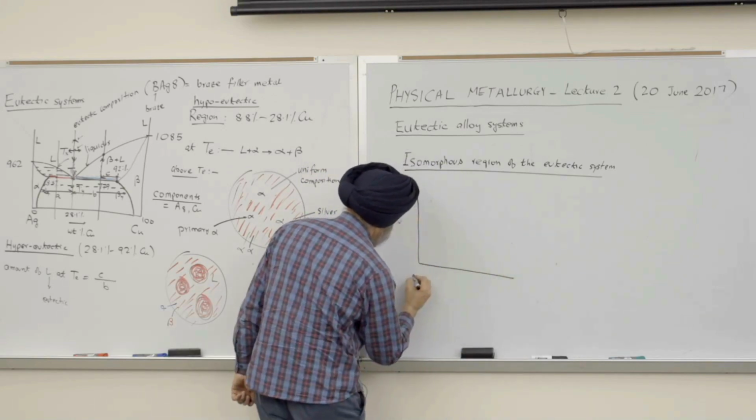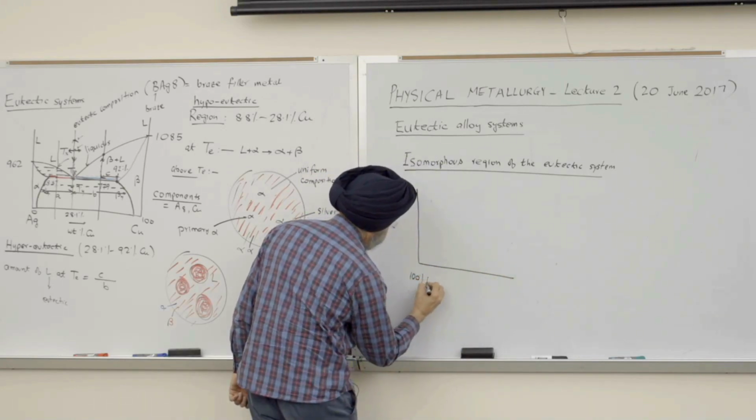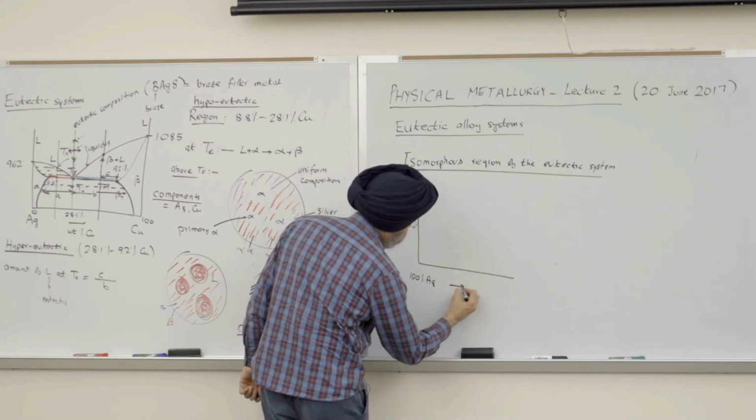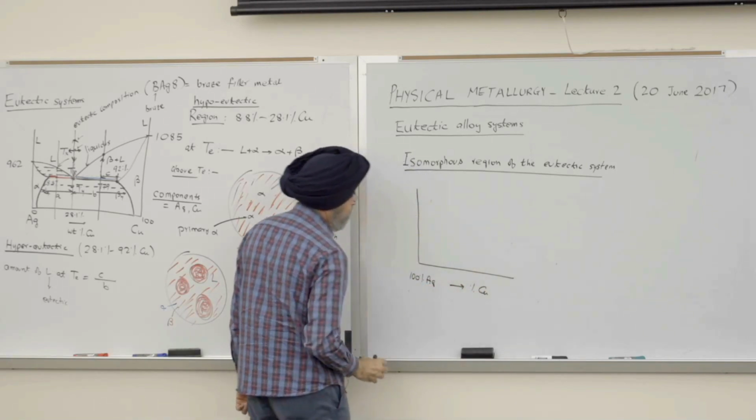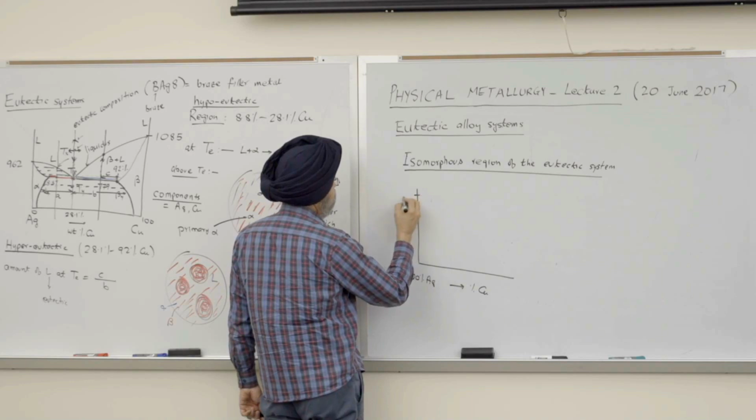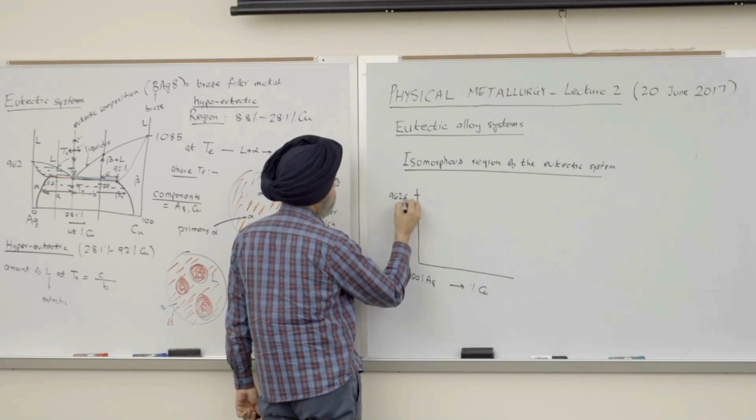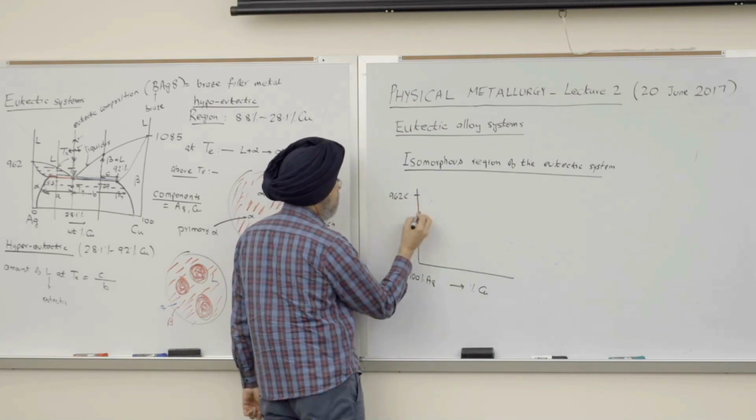So this is 100% silver, this is percent copper, and we have 962°C as the melting point of silver.